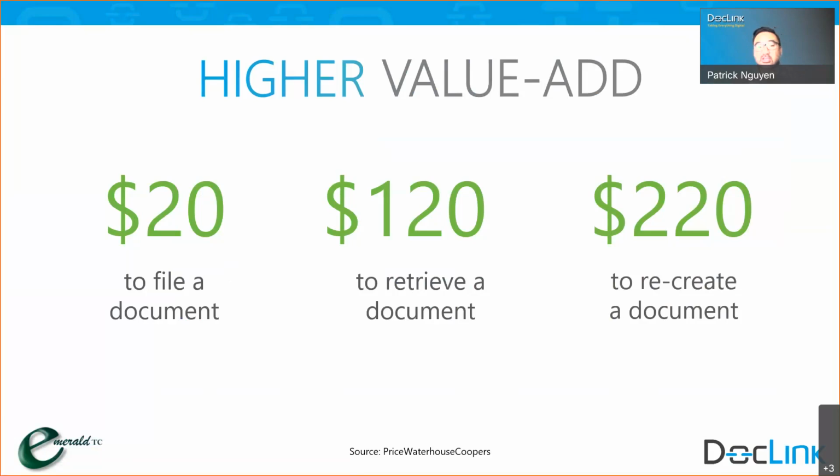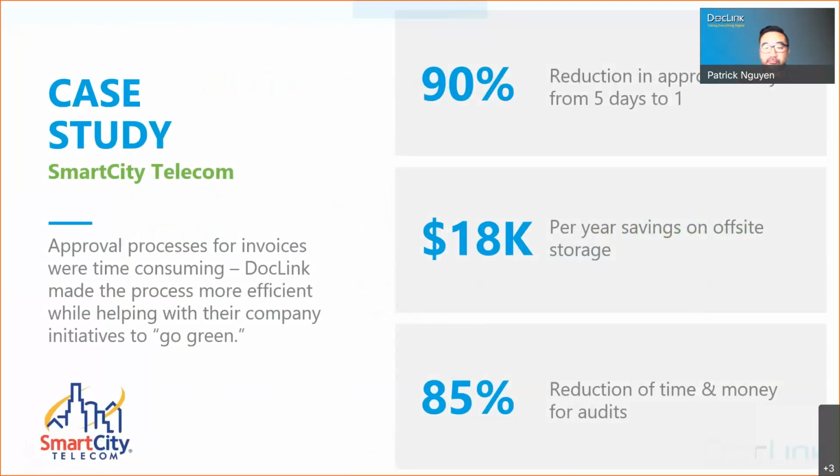So the cost of touching, filing, retrieving documents, workflow, and then recreating the document if it gets lost or destroyed, is a waste of time and cost, right? So eliminating the manual paper process is a high value add, right? Being able to eliminate that.